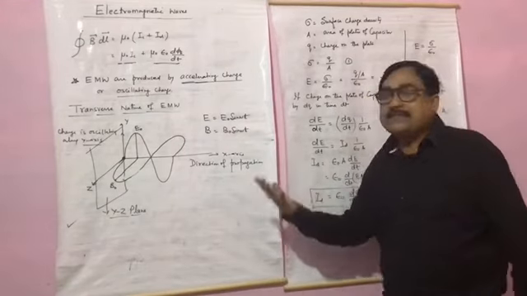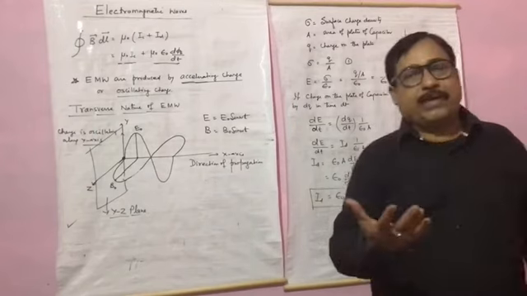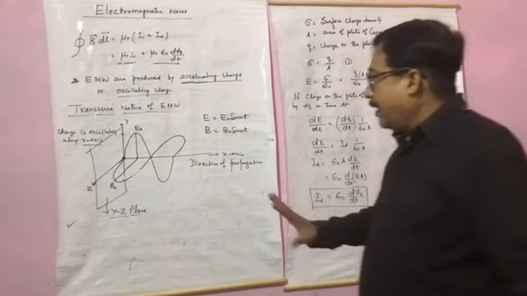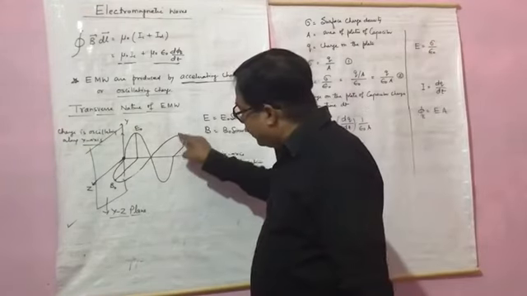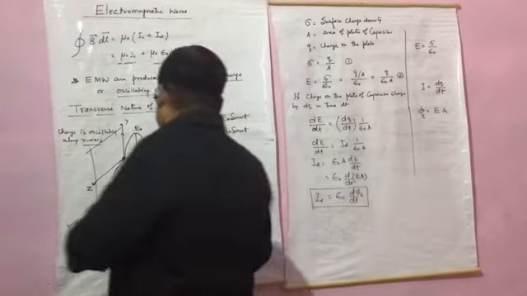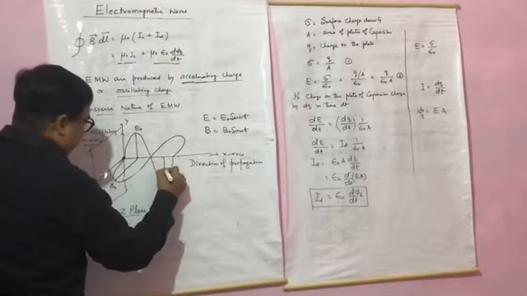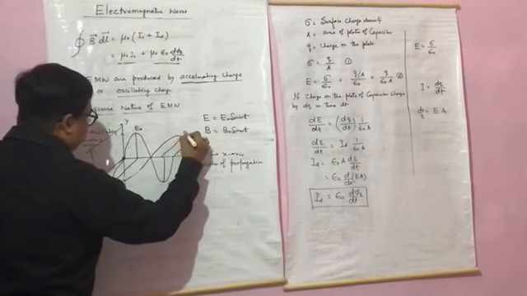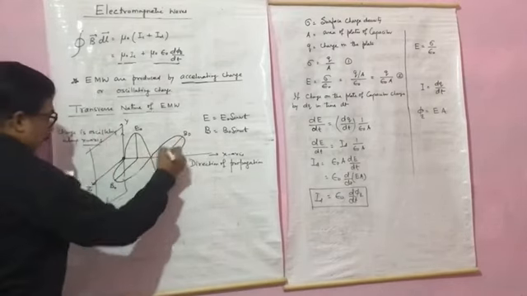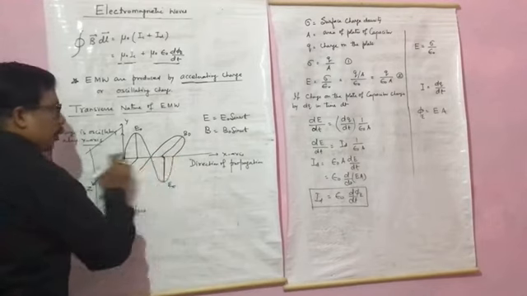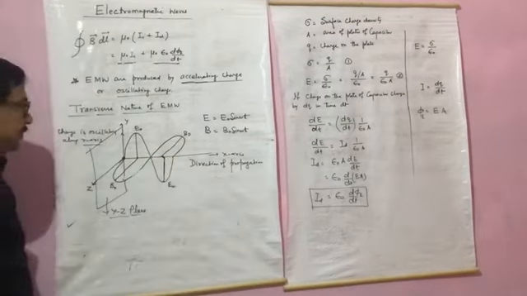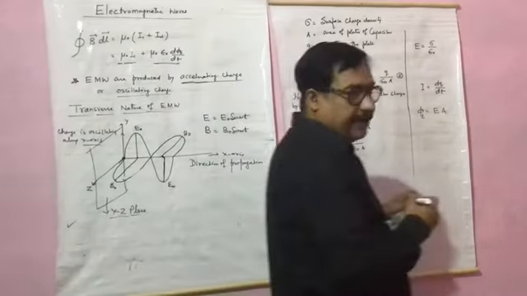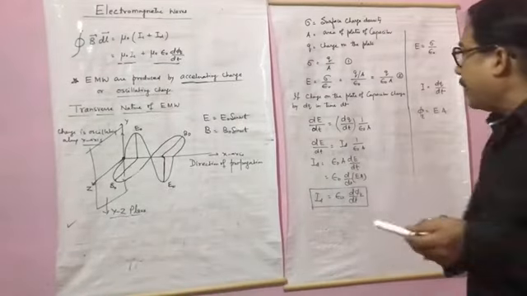So this explains the transverse nature of electromagnetic waves, and in this way we can have a picture of this. Here this is the electric field E naught, this is the magnetic field B naught. Both are perpendicular, and these two are also perpendicular to the axis of propagation. So this is the transverse nature of electromagnetic waves.